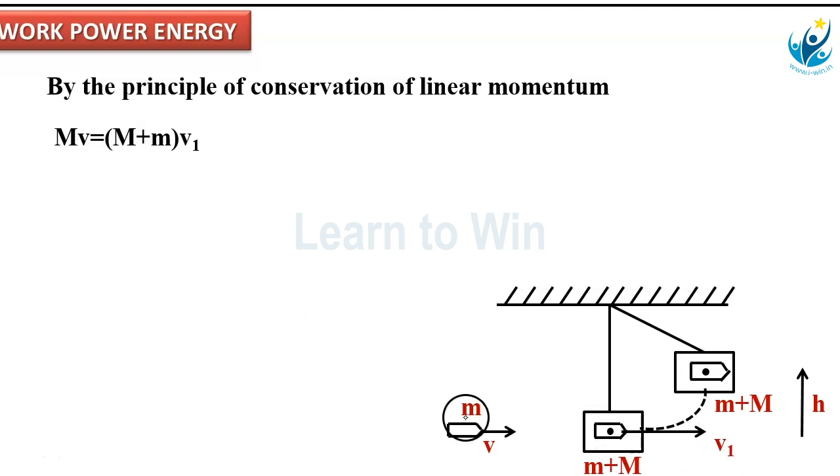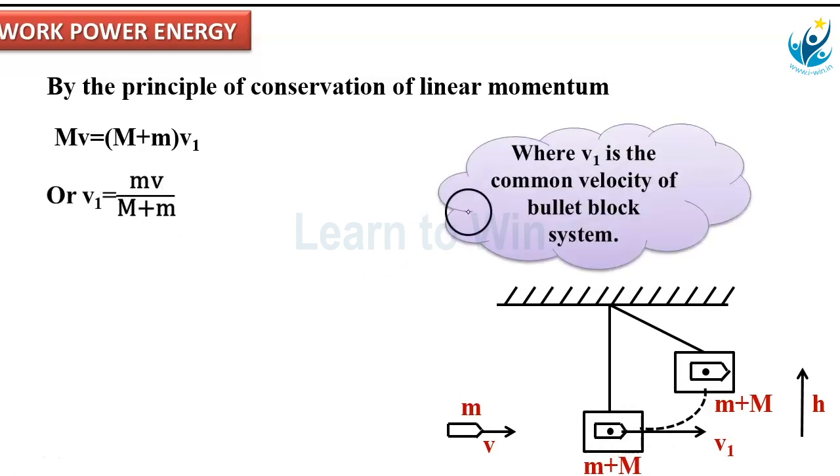Here the bullet mass is small m. Then mv is equal to capital M plus small m into v1. Here v1 equals mv by capital M plus small m. What is v1? The common velocity of both the block and bullet. Here v1 is the common velocity of the bullet-block system.